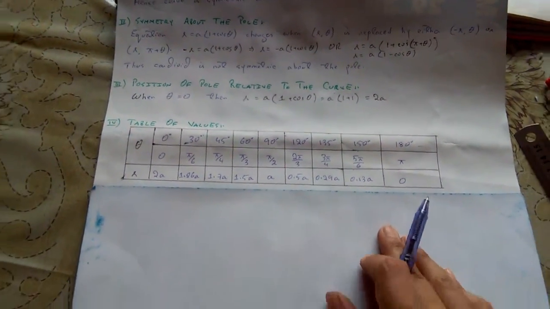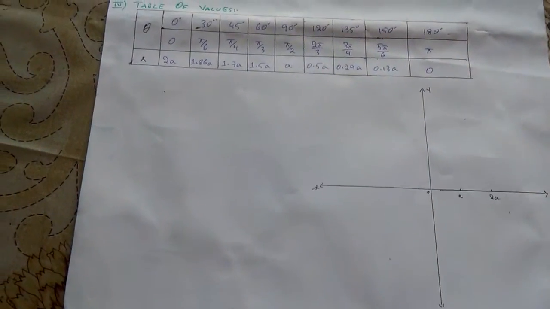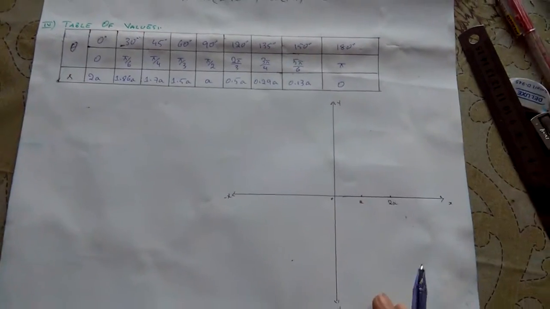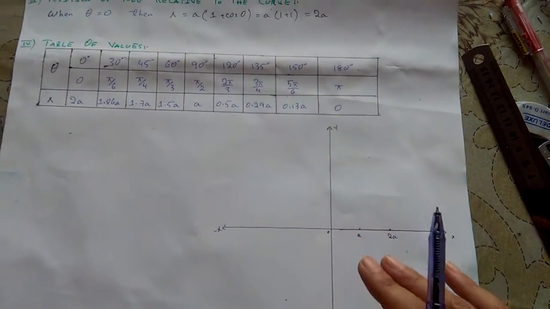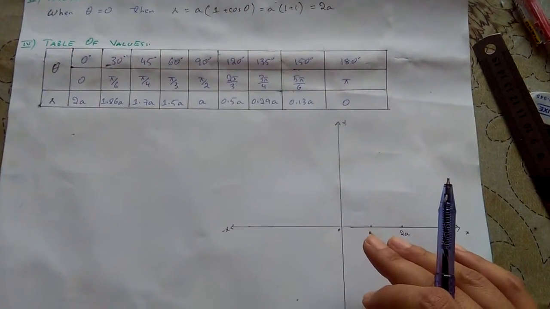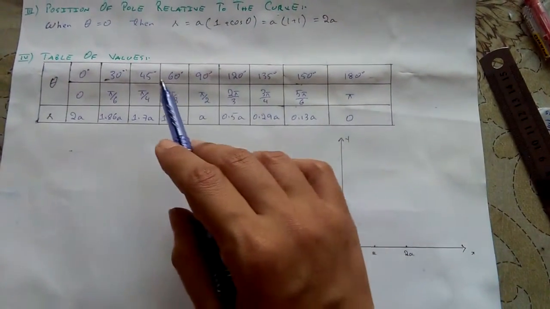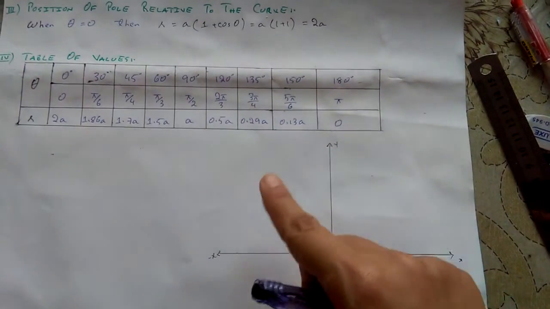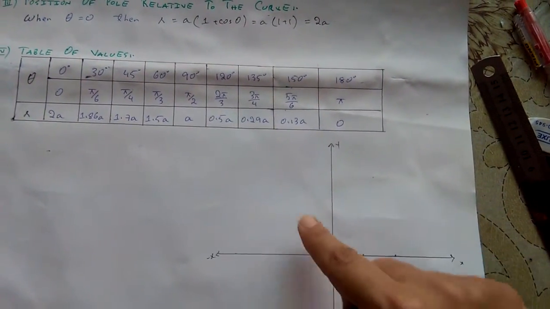Now what we do now, over here the axis is drawn, and now we have to sketch. First of all, we are going to draw these angles. From 0 to 180 we have to draw all these angles right here.